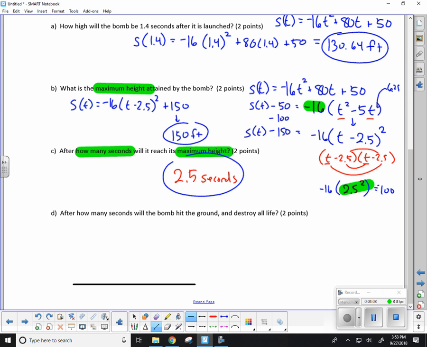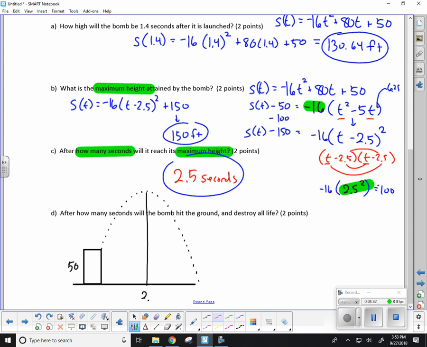So what's going on is not only do we have the bomb as being launched up into the air, but it's got a starting height. And so this is not to scale, of course. It's going 150 feet up in the air, but basically we launch it from a height of 50 feet. And we already determined that it takes 2.5 seconds to reach the maximum.